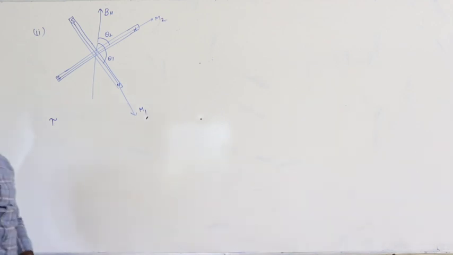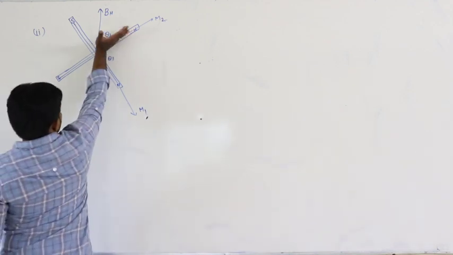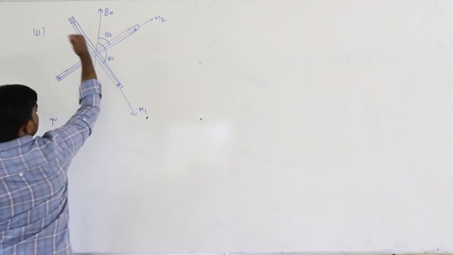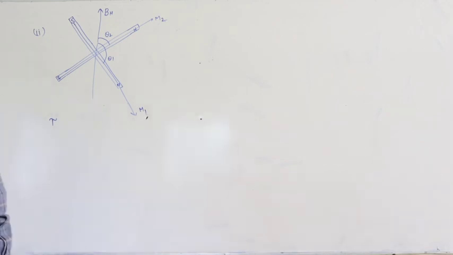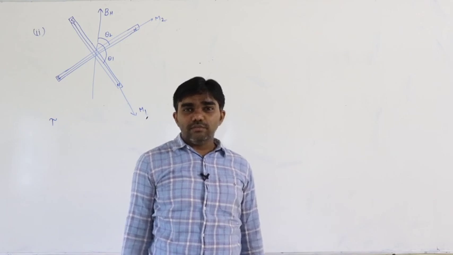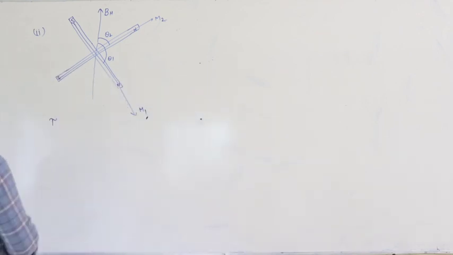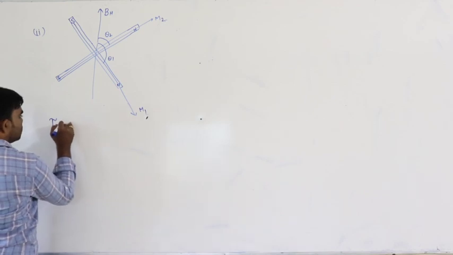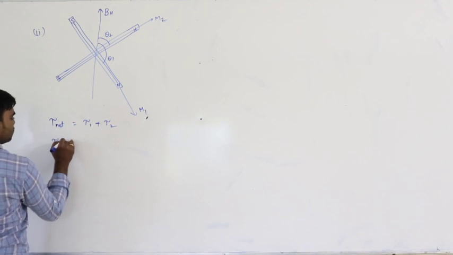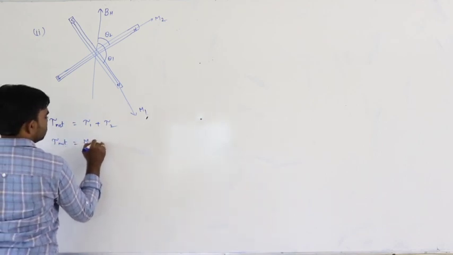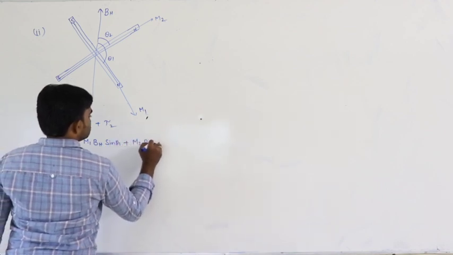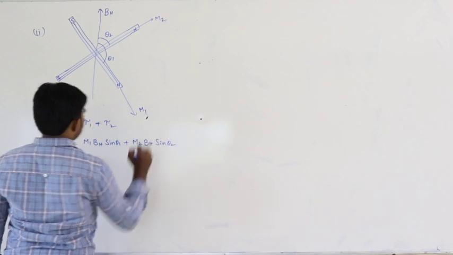Both the torques must be in the same direction. See here, M bar cross B bar, what is the direction? Outwards. Here also, M bar cross B bar is outwards. In both situations, the torque acting must be outwards. So, both the torques must be in the same direction. Net torque is equal to tau 1 plus tau 2, that is M1 BH sin theta 1 plus M2 BH sin theta 2.